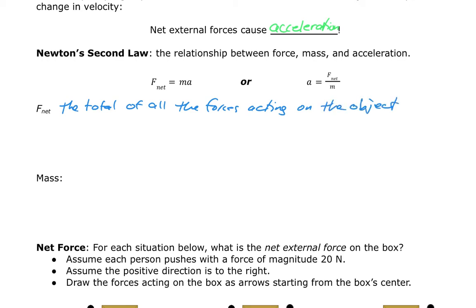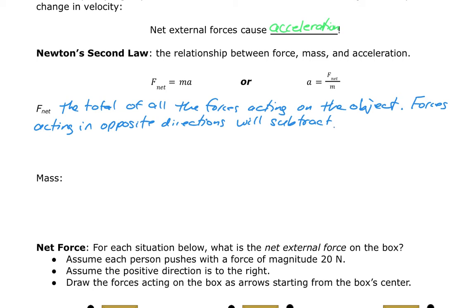We know that, and we talked a little bit about this with the first law, that forces acting in opposite directions will subtract. So basically what that means is that if I have two forces acting in the same direction, I know the total is the addition of those two forces. If I have two forces acting in opposite directions, for example, one to the right and one to the left, I know I'm going to have to subtract one of those forces from the other, okay?